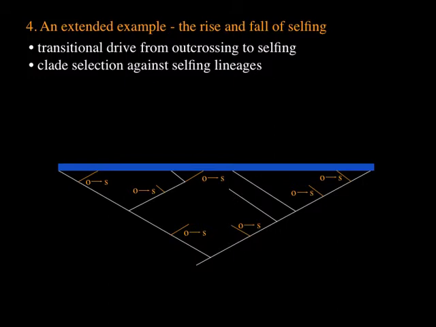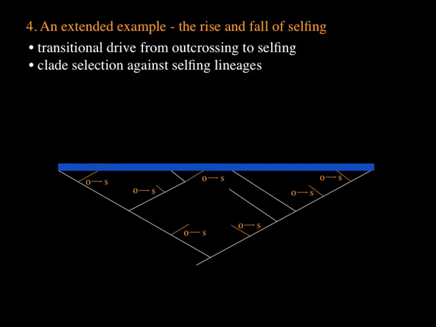And if you go around looking at selfing species in the flora, what you find is that they are mostly very closely related to outcrossing species. Now, you don't find whole genera of plants that are selfers. You find a whole genus of plants that's mostly outcrossers and has one or two selfers in it.